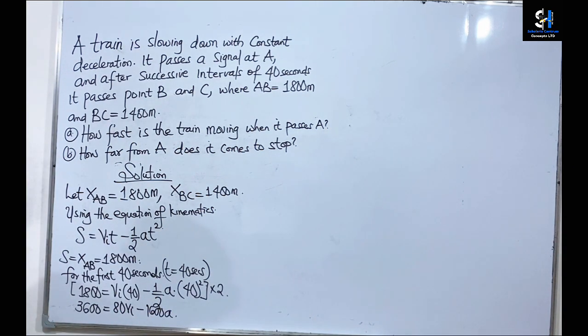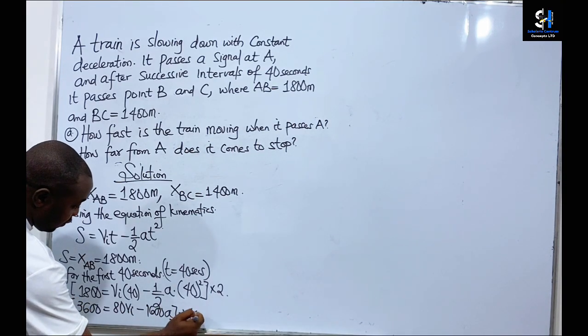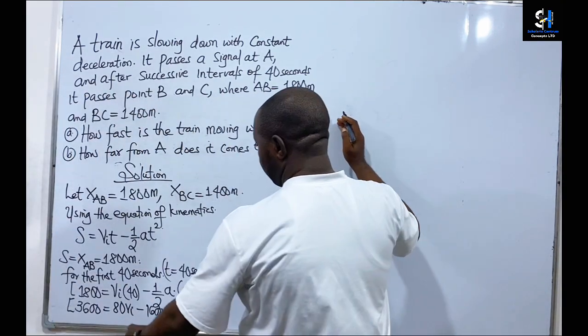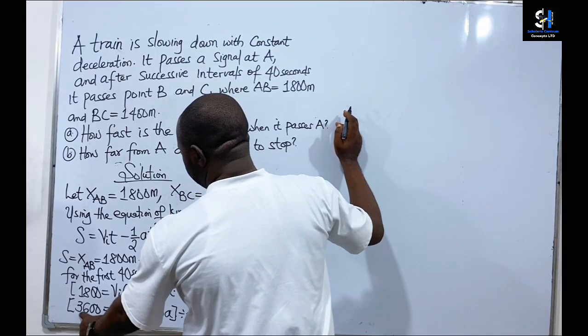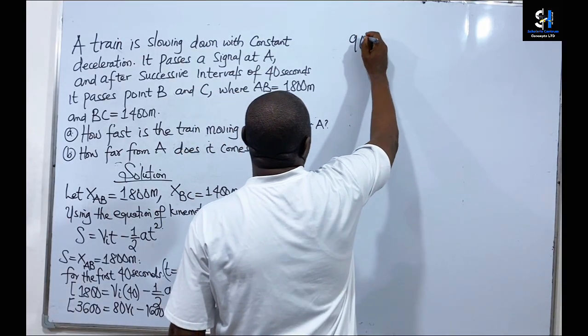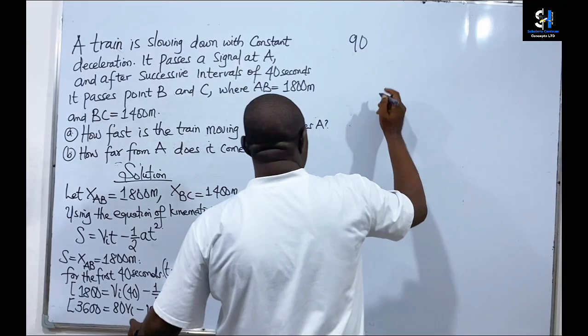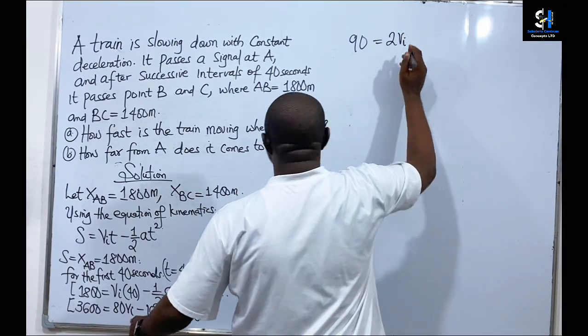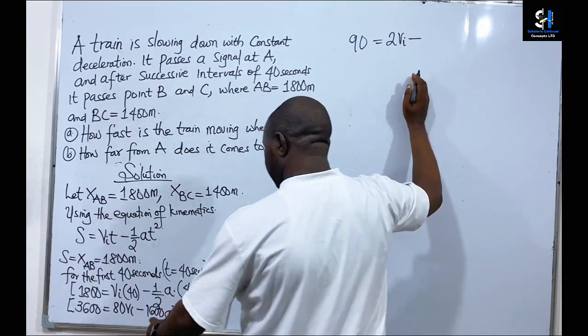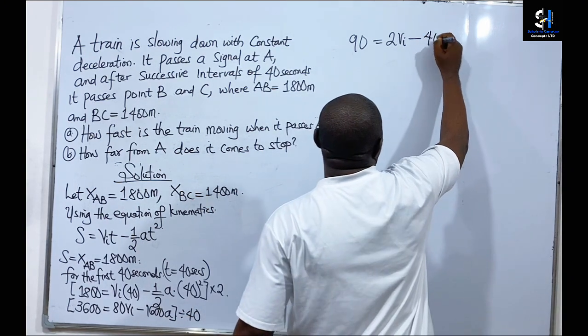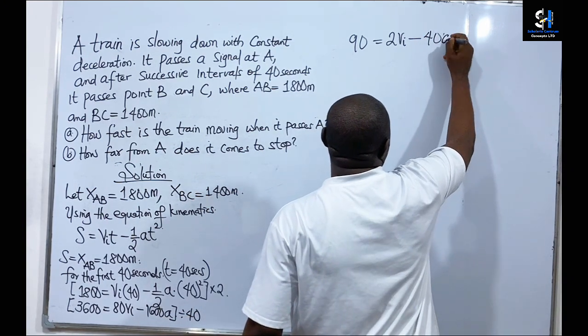Let's see how we can reduce this. I'm going to divide the equation by 40. Dividing by 40, that will be 90 equals 2 VI minus 40A.